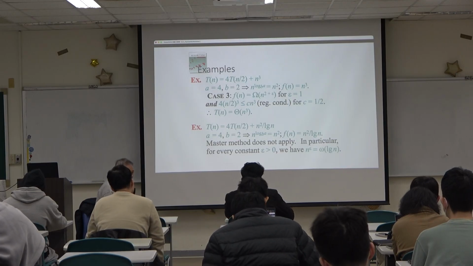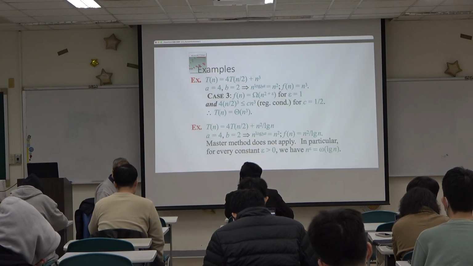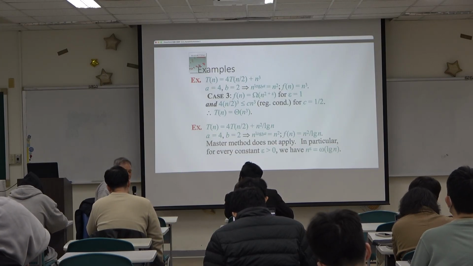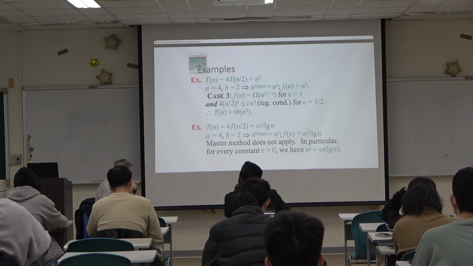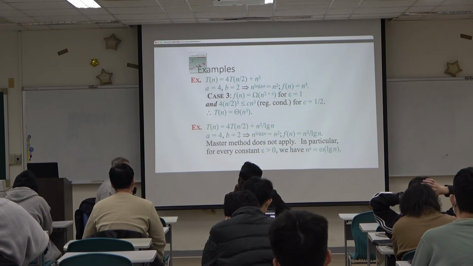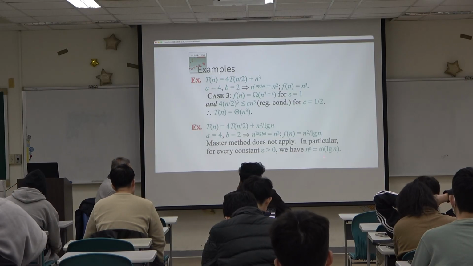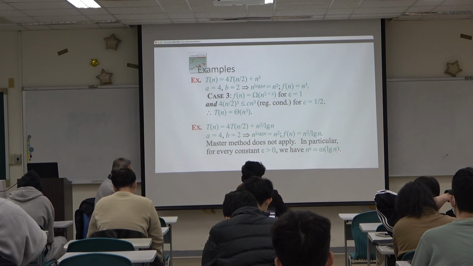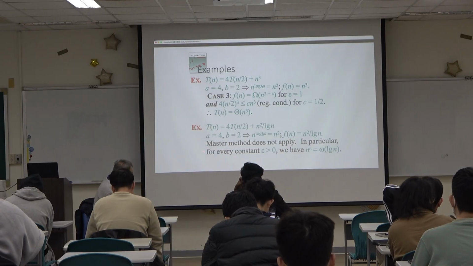So log n is what we mean by sublinear. It can never grow as fast as n to the power of a certain positive order, even when this order is very, very small. It doesn't matter, log n is going to grow slower. So this is the case where the master theorem doesn't apply.